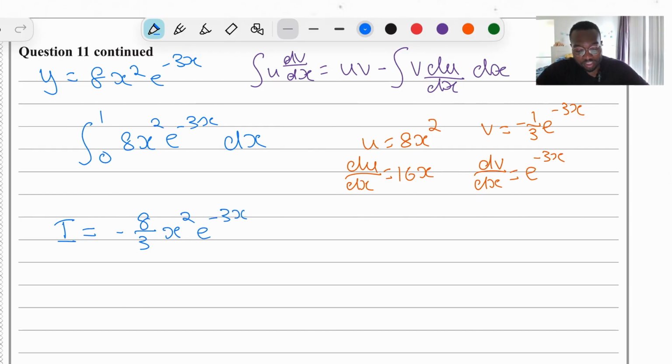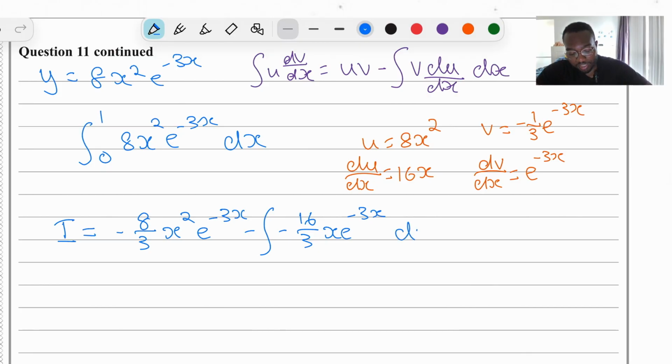That's uv, and that's minus the integral of v, which we know is going to be that minus 1 over 3 e to the minus 3x times that 16x. So that would be a minus 16 over 3 x e to the minus 3x.